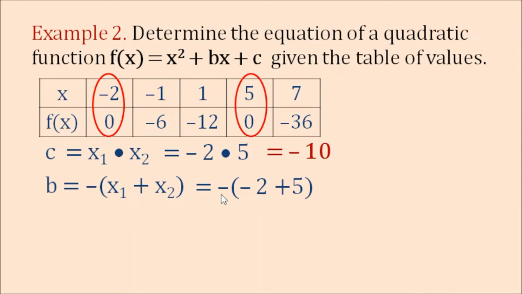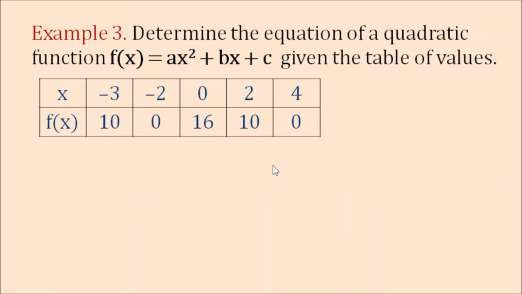That means negative of -2 plus 5. -2 plus 5 is 3, and we have a negative sign outside. That means b equals -3. Now this b is -3, and this c is -10. So our equation is f of x equals x squared minus 3x minus 10.